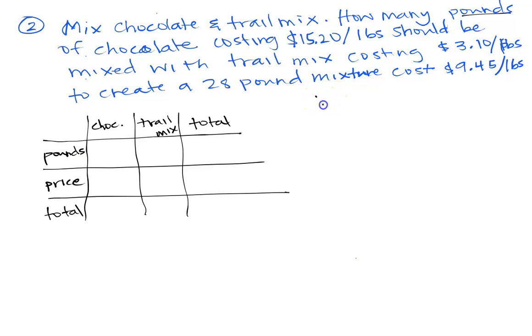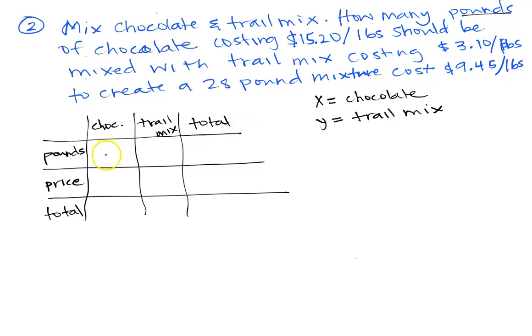X is going to be pounds of chocolate, and Y is going to be pounds of trail mix. I like to identify my variables over here so that when I get done I know what I was dealing with.